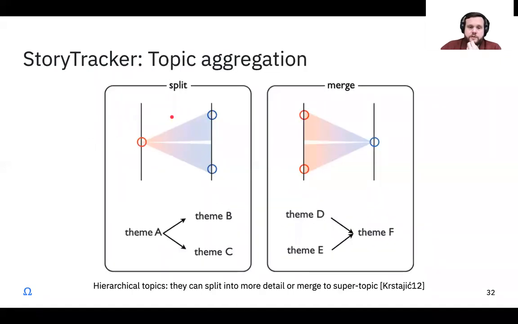So what we are going to do, and this is the slide showing the explicit relation between topics extracted from text and the graphs, is that we have our topics follow a hierarchy which can be split into multiple subtopics or merged back into the super topic.